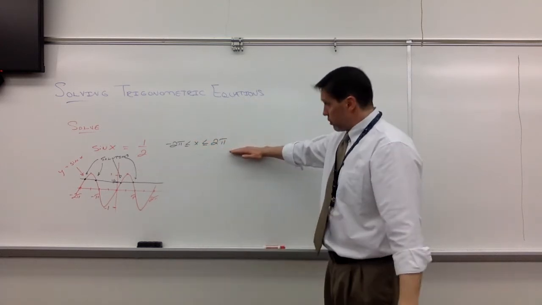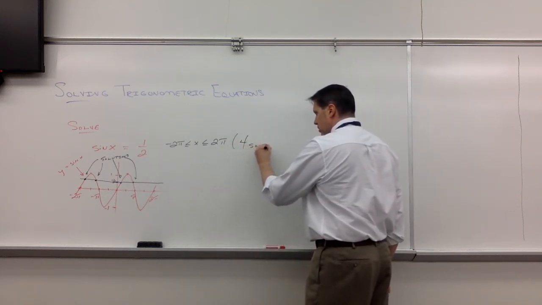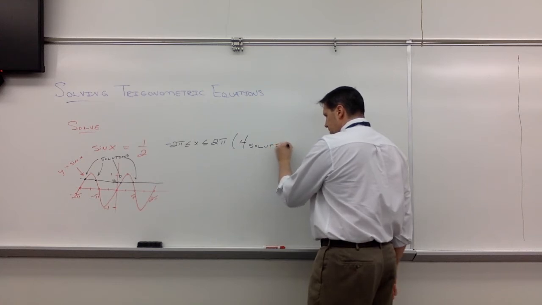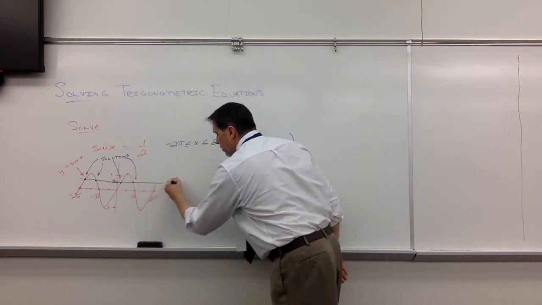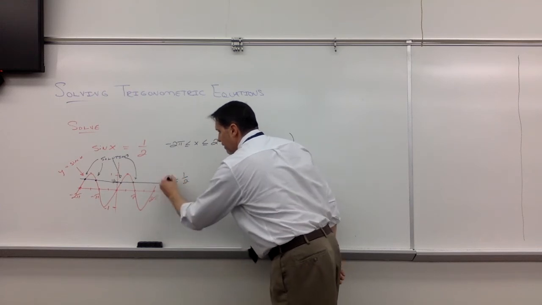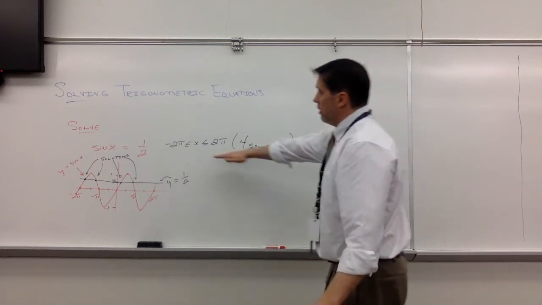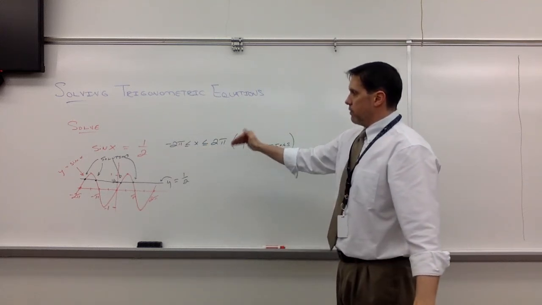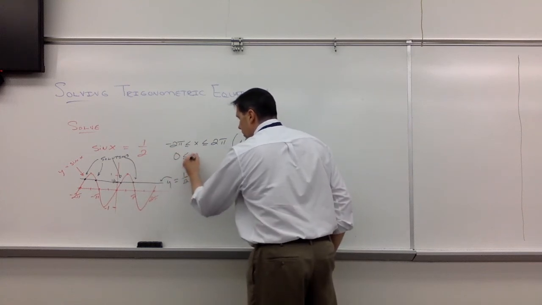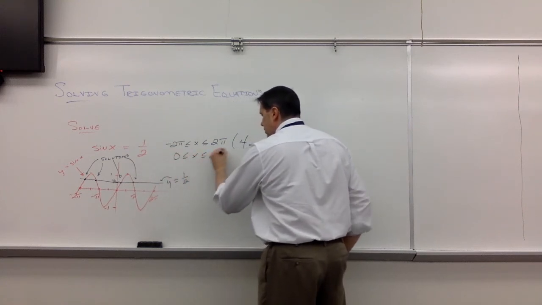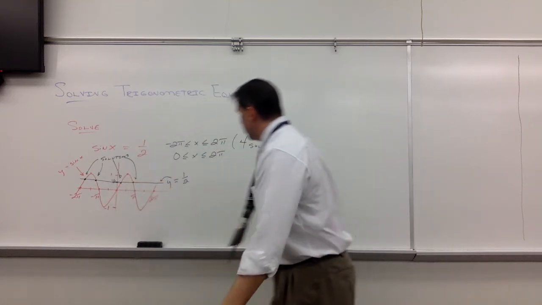Solving under those restrictions, yeah, there's going to be 4 solutions, because this line, y equals 1/2, hits the sine graph at 4 distinct points. Now, a lot of times we don't do -2 pi to +2 pi. A lot of times we'll just go 0 to 2 pi. If I do that, then from 0 to 2 pi, there are only 2 solutions.